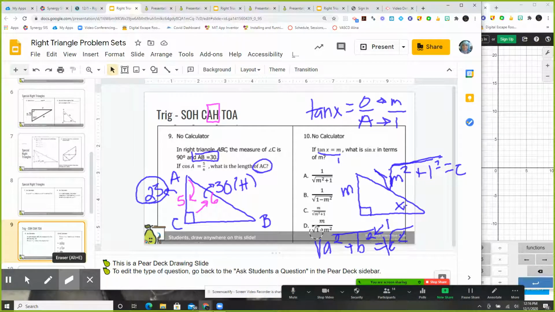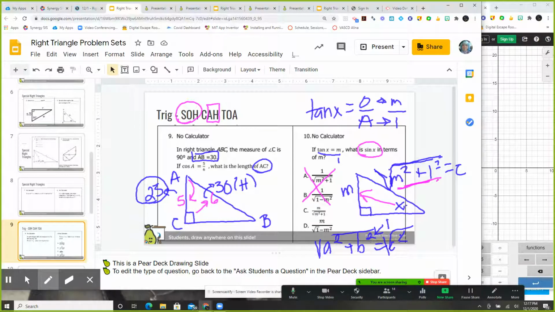So now I want to know the sine of x. So what sign? Okay, so what's the O? The 1 or the M? Opposite is the M, so I know it can't be A or B. And then what did I get for the hypotenuse?